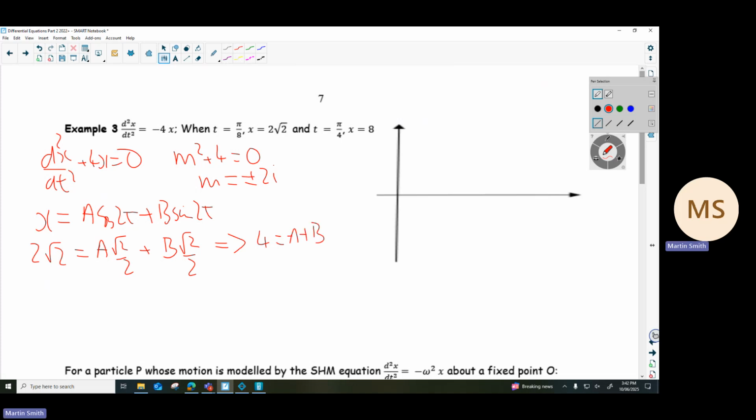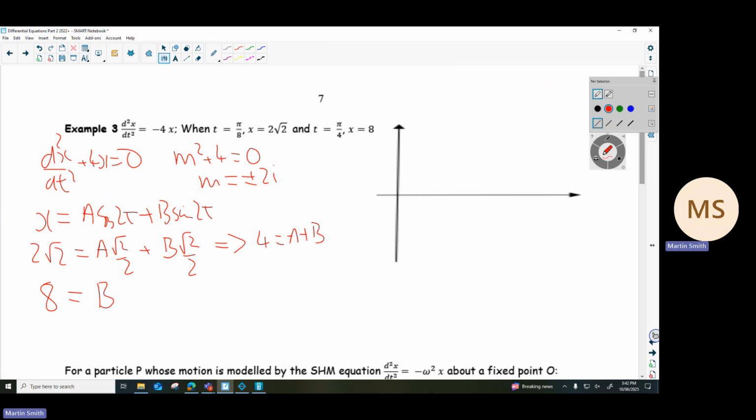We also know when t is pi over 4, x is 8. So that gives 8 is a times the cos of 2 pi over 4. Well, 2 pi over 4 is pi over 2, and cos of that is 0, plus b times the sine of 2 pi over 4, or sine of pi over 2, which is 1, so that means 8 is equal to b.